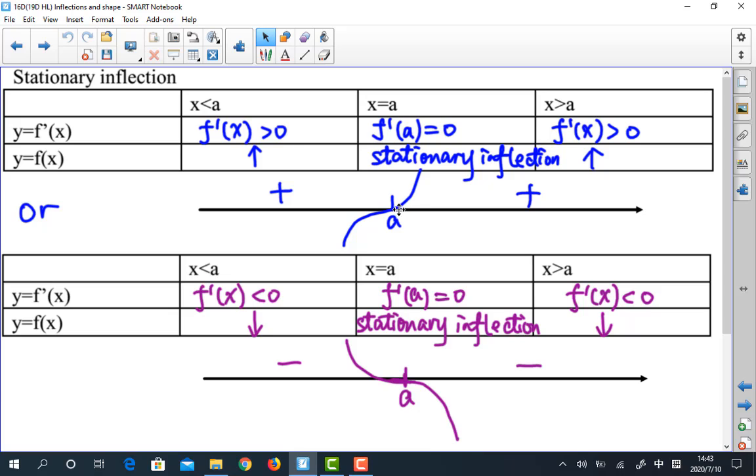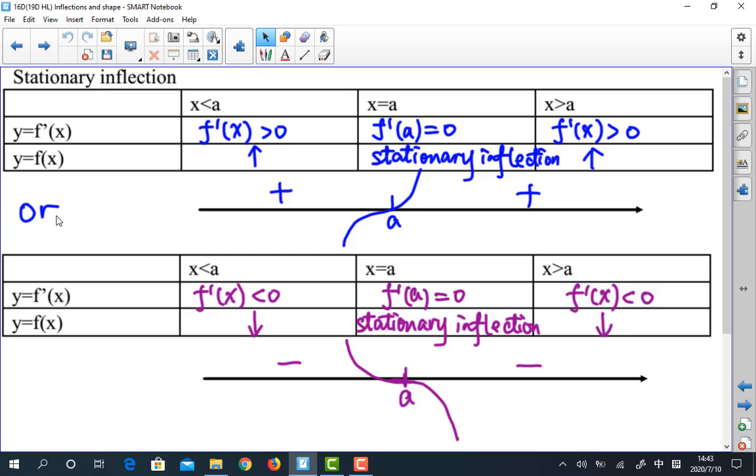On the right side, the graph is still increasing, so f prime x is still greater than 0. So the function can be monotone increasing by passing x equals a. In this case, x equals a is called stationary inflection. This x equals a changes the concavity of the function graph rather than the monotonicity.